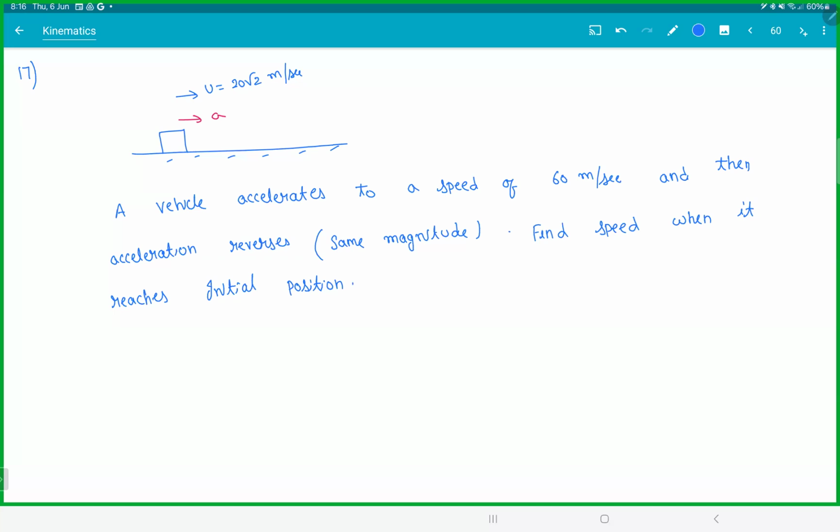20 root 2, no, it won't come back with the same speed. You guys are goofing up a sign.